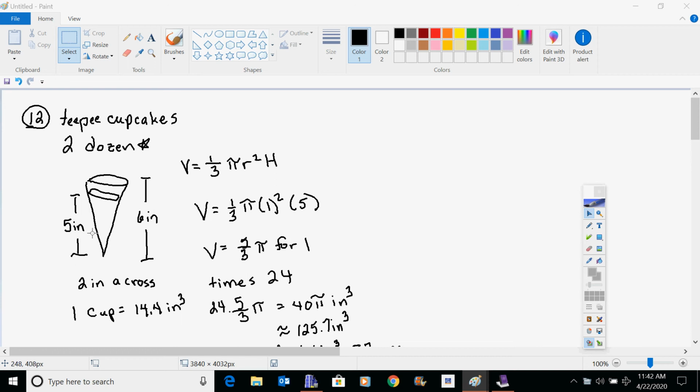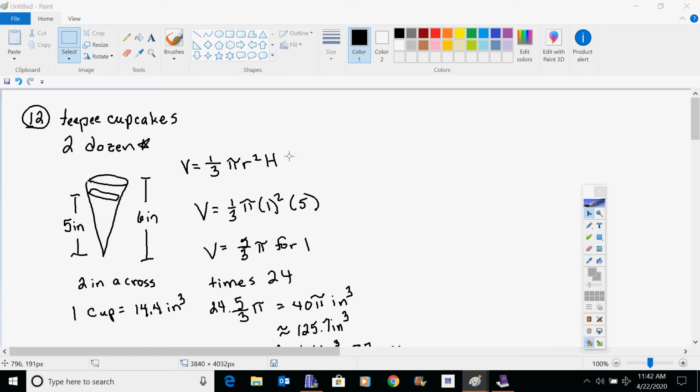So we're thinking about the batter coming up in this ice cream cone cup only to the 5-inch mark. It said in the description that there was 2 inches across where the batter was, and gave us a little extra information that a cup of batter was 14.4 cubic inches.